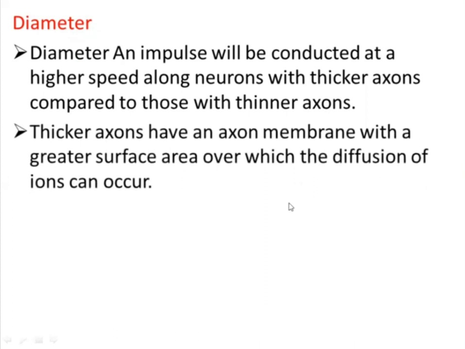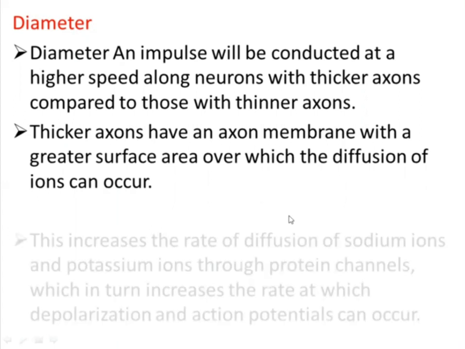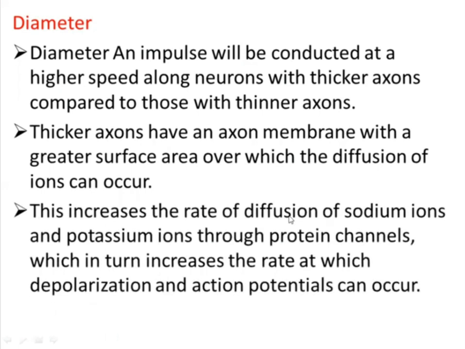The thicker axon has a membrane with a greater surface area for the diffusion of ions, right? So what will happen? The rate of diffusion of sodium and potassium ions through the protein channels increases, which in turn increases the rate of depolarization and then the action potential, right?